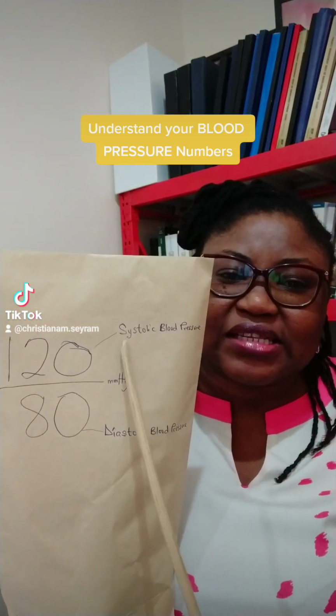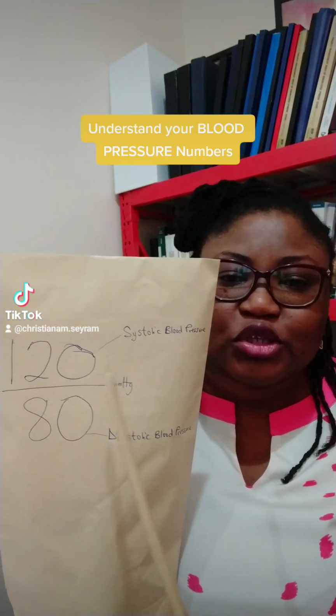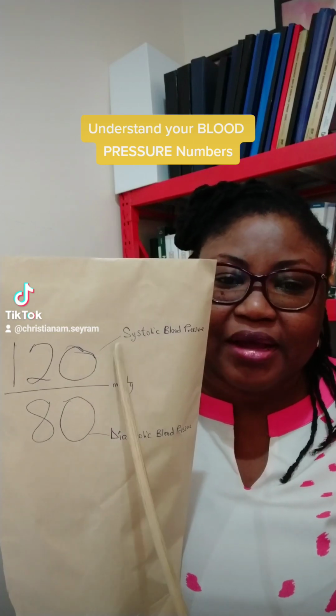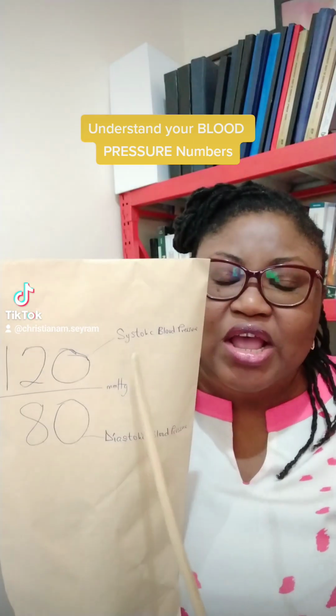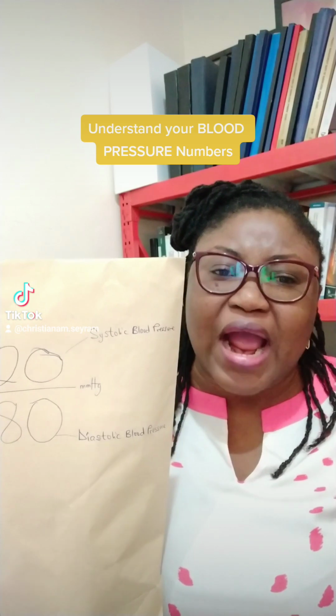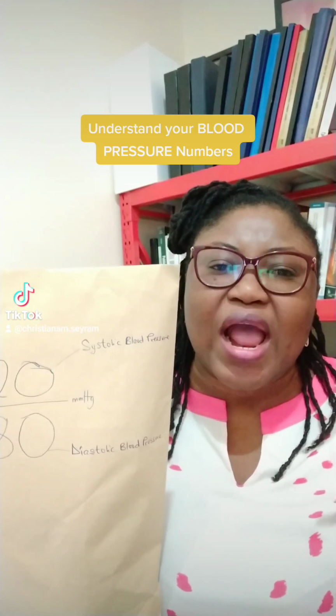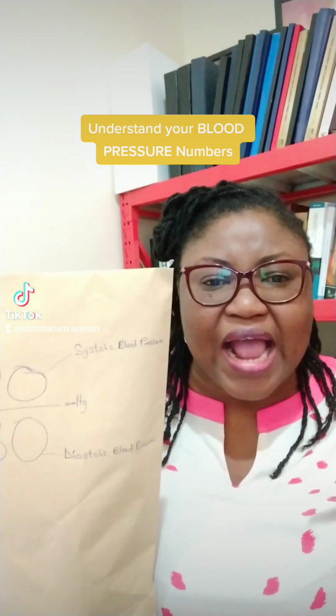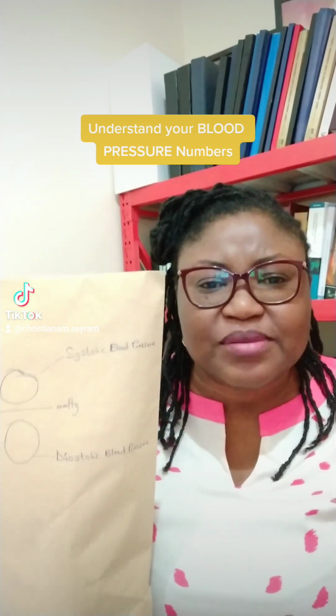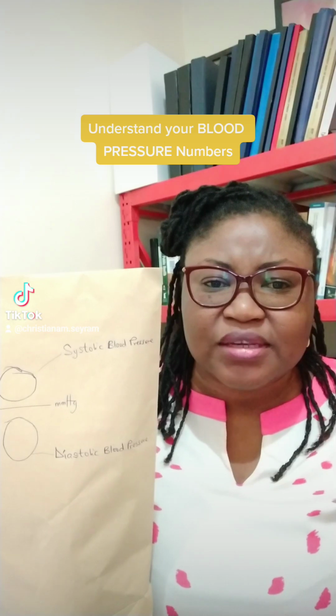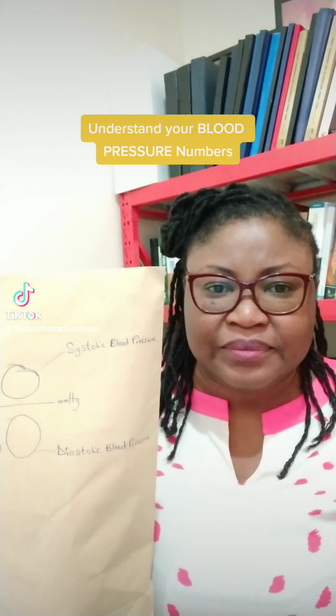Now, what does the systolic blood pressure mean? The top number, or the first number, means that when your heart beats, your heart squeezes. The heart squeezes and pushes blood through your arteries to the rest of your body.